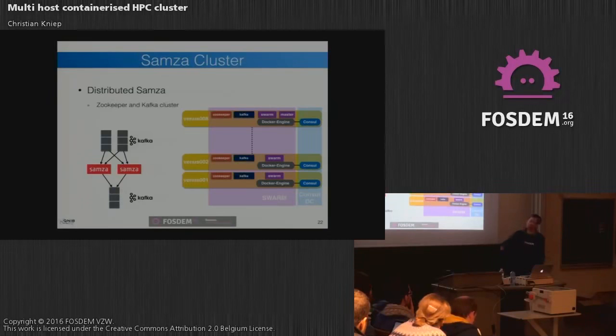So I had to stage ZooKeeper and the Kafka cluster, that's our containers, on top of all the different nodes. Then I put a Samza instance next to it, and then I can run my jobs on the Samza nodes. I could set it up, or I will set it up with YARN, so that I have a distributed YARN scheduler on top of it. But maybe I can even set it up with Slurm.